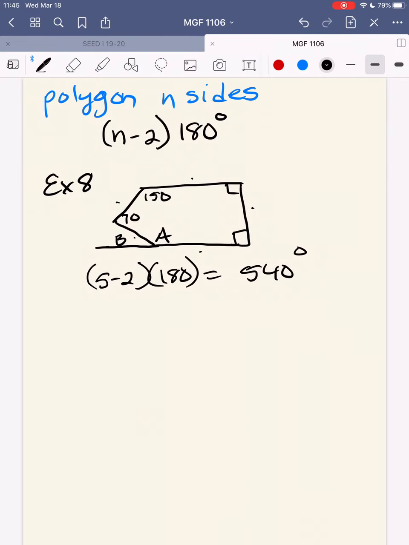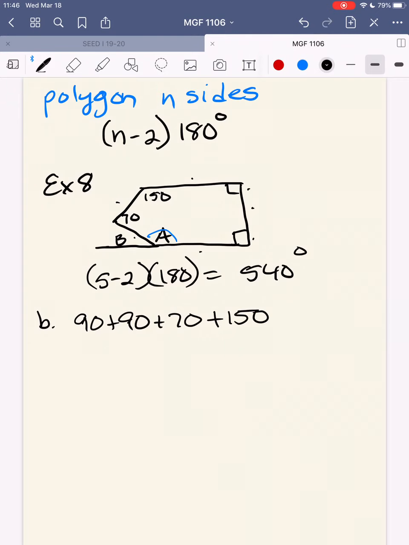Now it tells me for part B to find the measures of angle A and angle B. Well, angle A is inside of this. So angle A is right here. I know I have two 90-degree angles, a 70-degree angle, and a 150-degree angle.